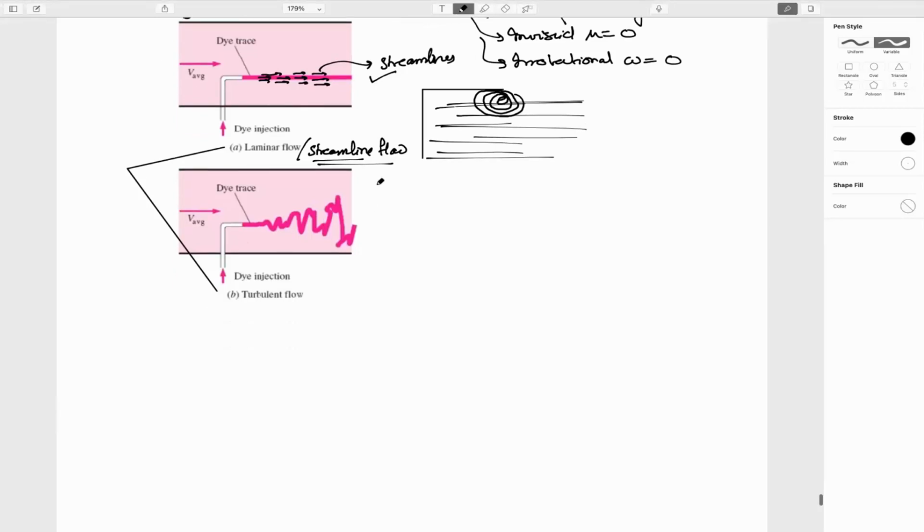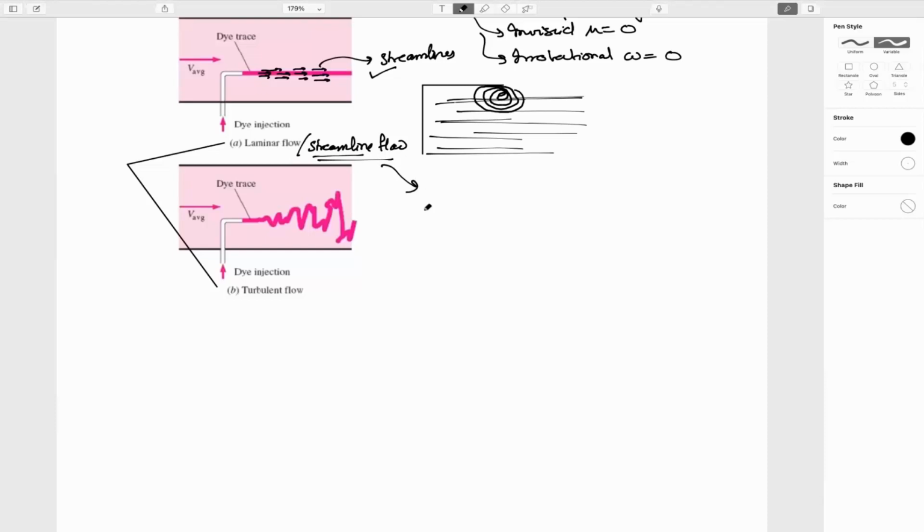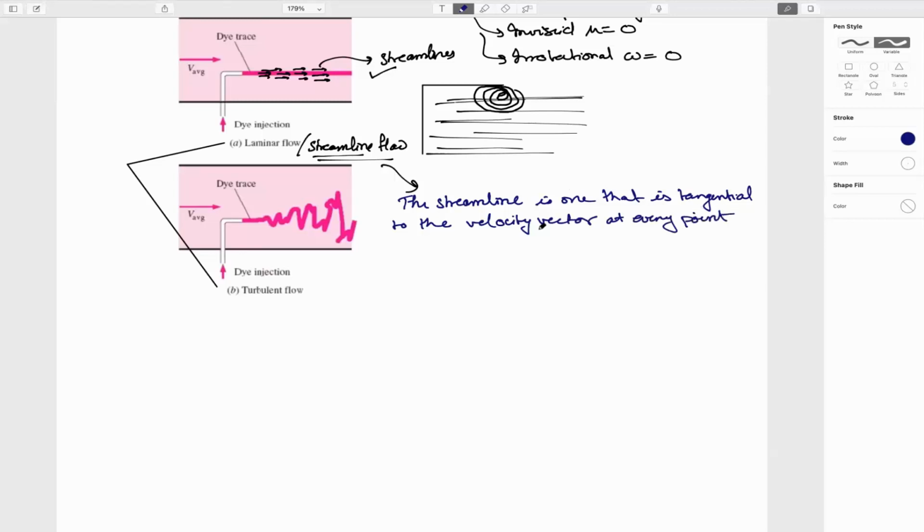Before discussing the continuity equation, let me write the definition of a streamline. A streamline is one that is tangential to the velocity vector at every point in the flow at a given instant.